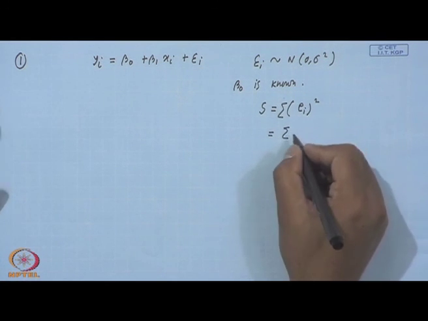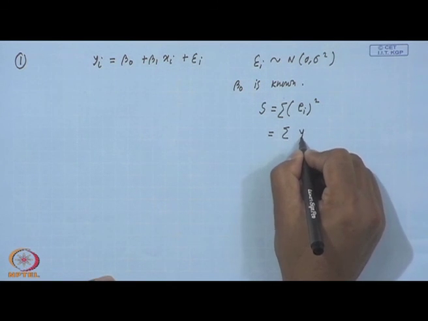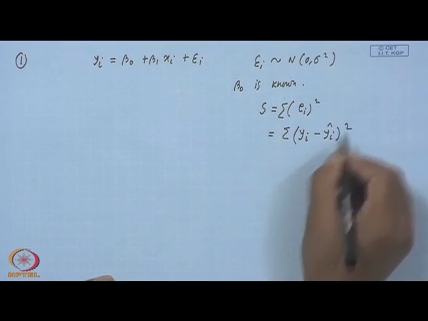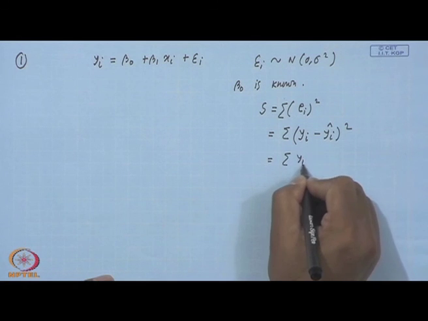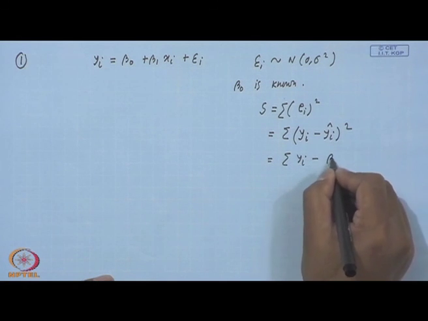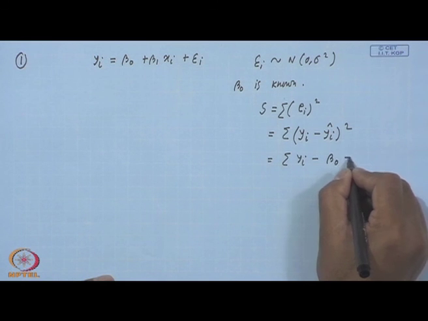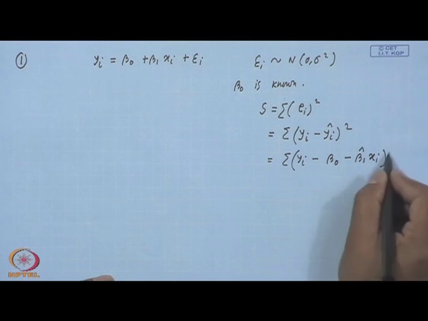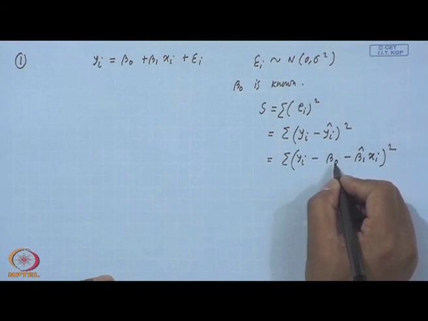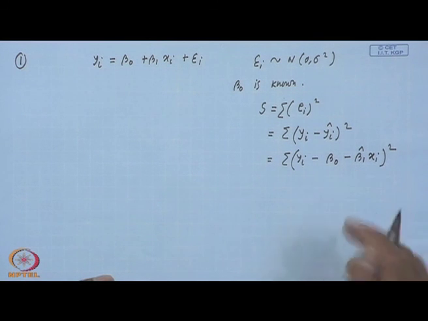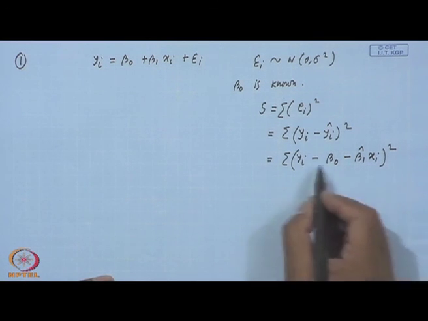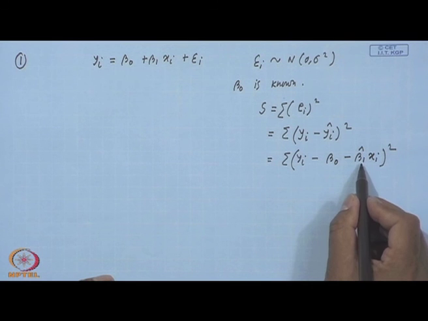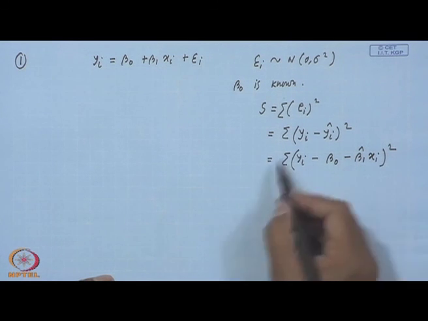E I square is y I minus y I hat square, and y I minus y I hat is y I minus beta naught minus beta 1 hat x I. See here I did not put a hat on beta naught because this is the parameter we do not need to estimate, we have to estimate only beta 1. This is the least square function, and then you find beta 1 hat in such a way that this is minimum.